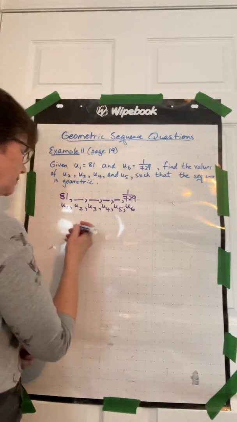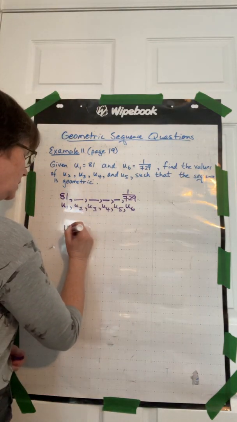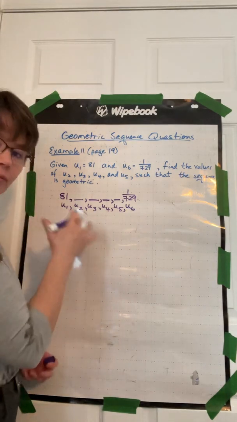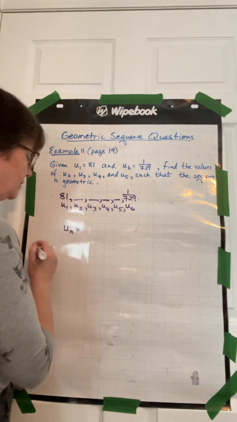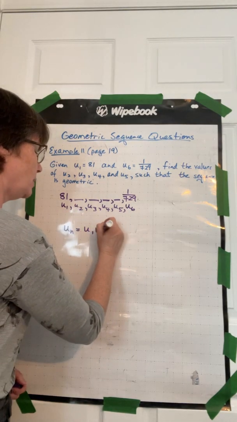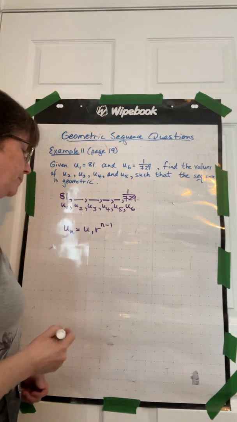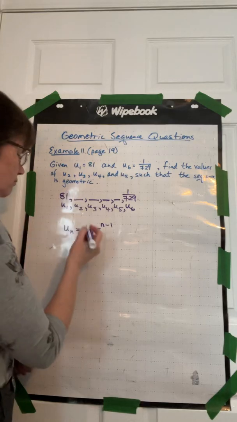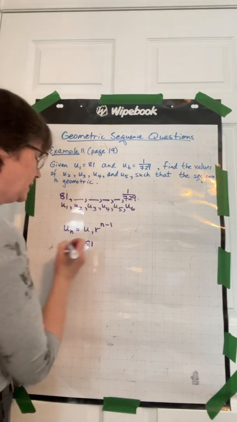So we know that the formula for a geometric sequence, Un, the general term, meaning it will represent any term for any given n position in the sequence, is U1 times r to the power of n minus 1. Okay, so what do we know? We know U1 is 81, so we could fill that in there.